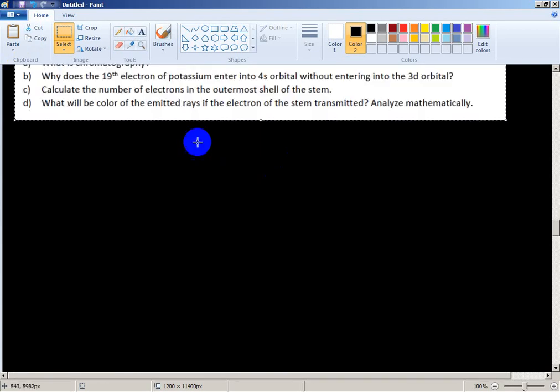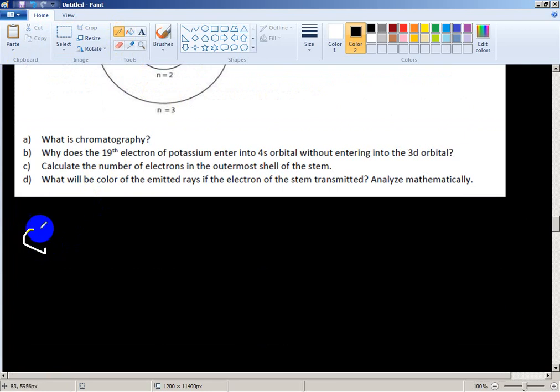Okay, now I solve a problem. I calculate question C, the number of electrons in the outermost shell. Here the outermost shell is the third shell.